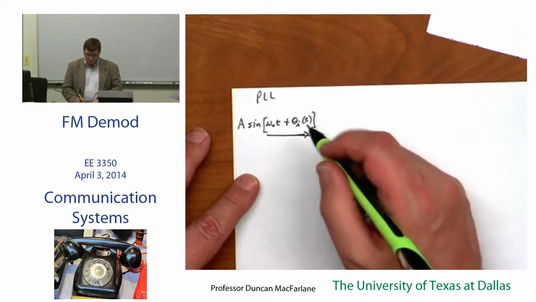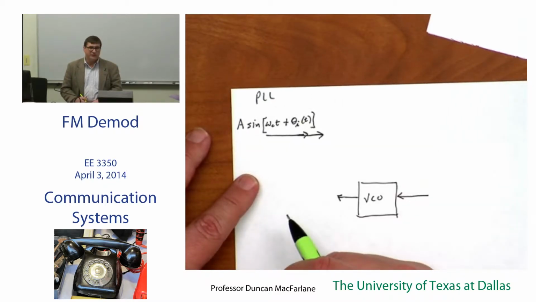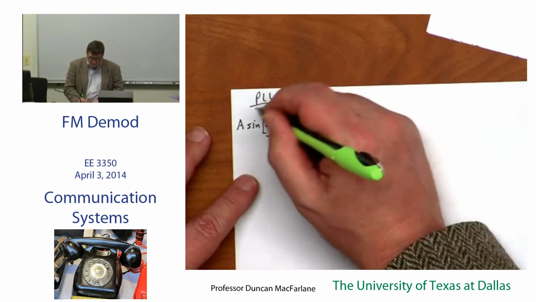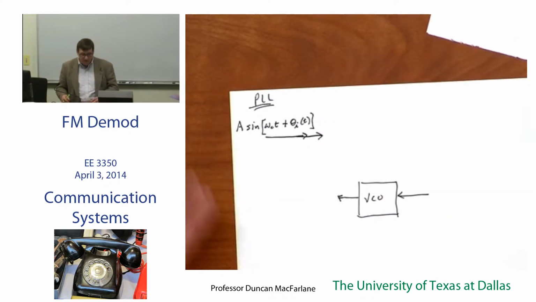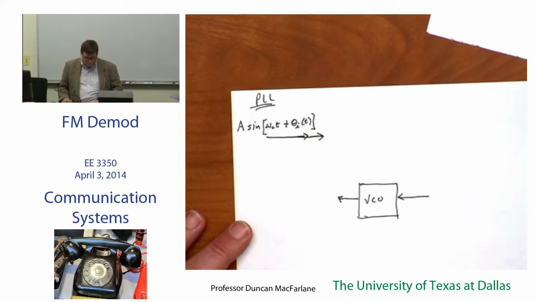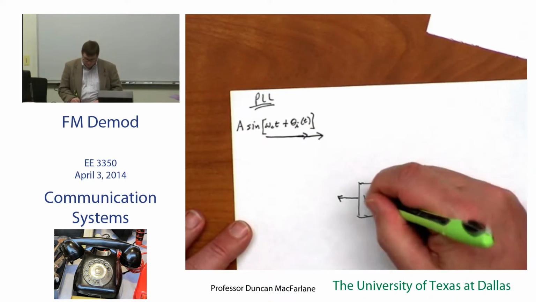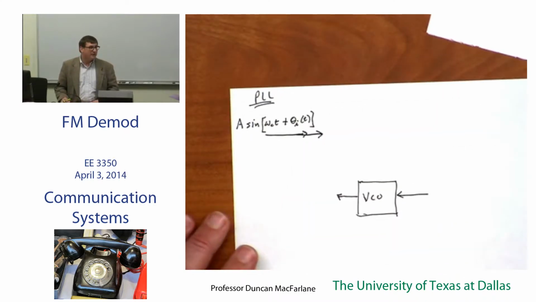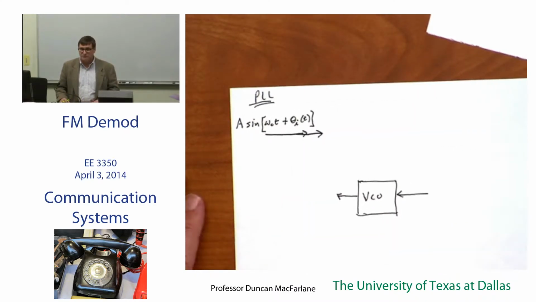If this were an FM signal, then the integral of the message signal would be in that theta term. So if I want to use a phase lock loop as a receiver for an angle modulated system, FM or phase modulated, I know I have my VCO in here, and I know I have at some point an input, which is my received signal.